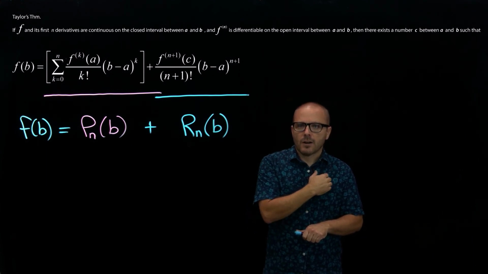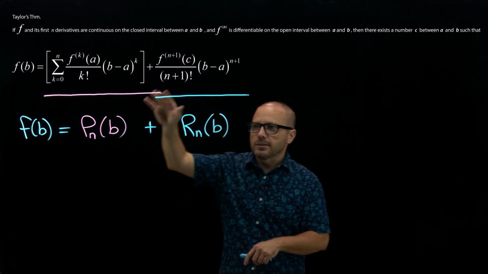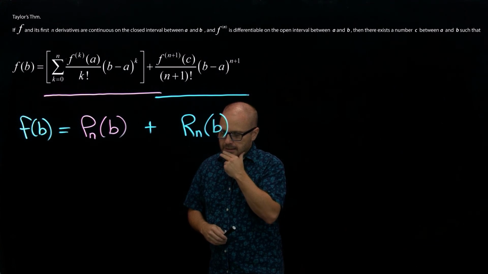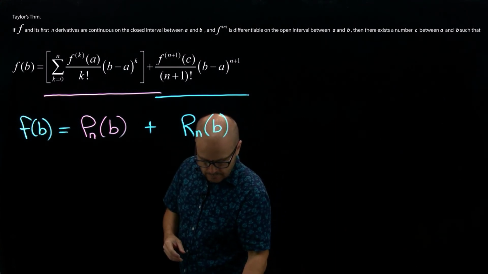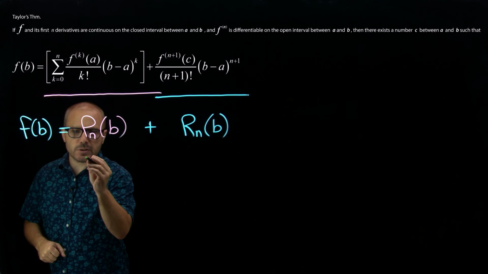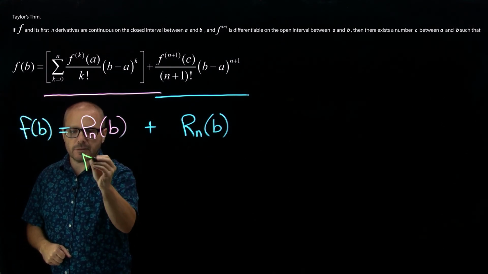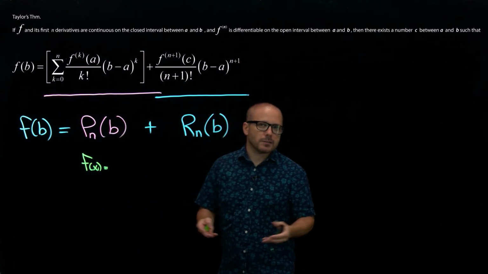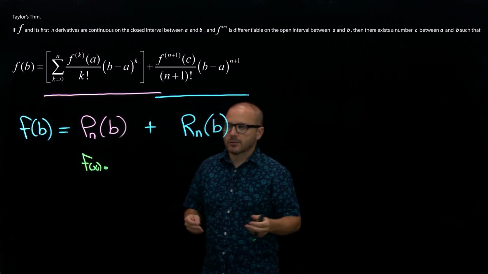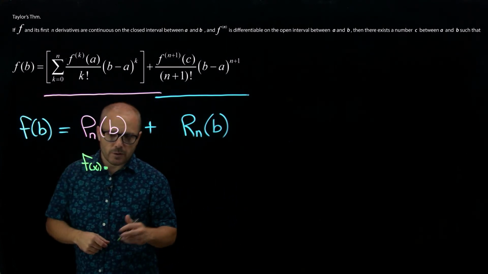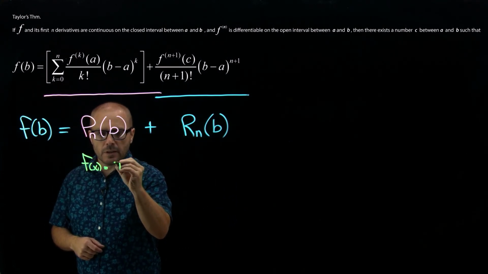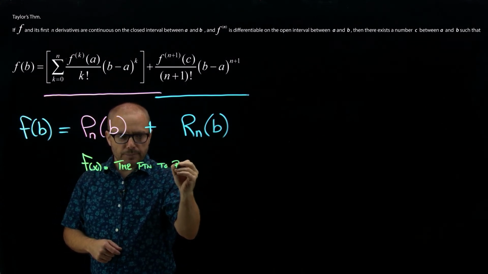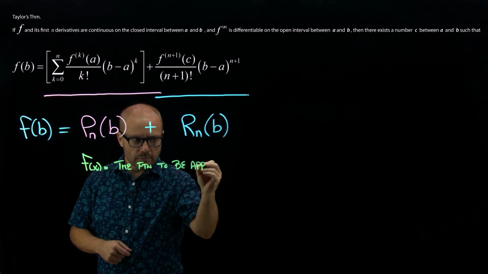So let's look at all the quantities in this formula just so we understand what they are. We'll just list them out so we're clear. So first of all, there's reference to a function, right? F of x. So that's the thing that you'd like to approximate. Sine, cosine, e to the x, natural log, hyperbolic cosine, whatever it is. So this is the function to be approximated.